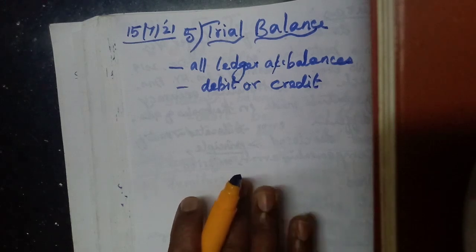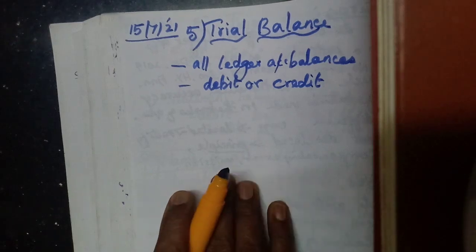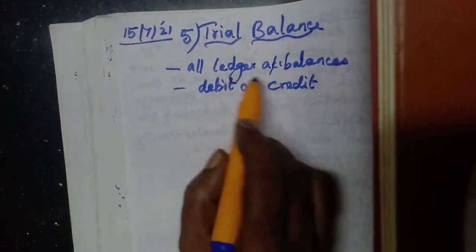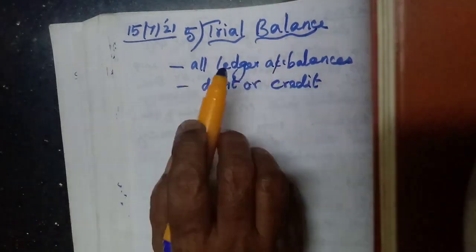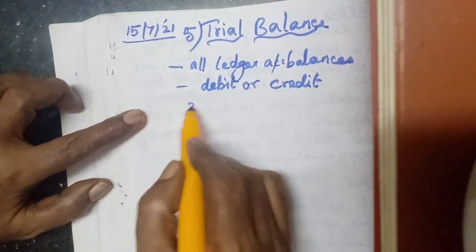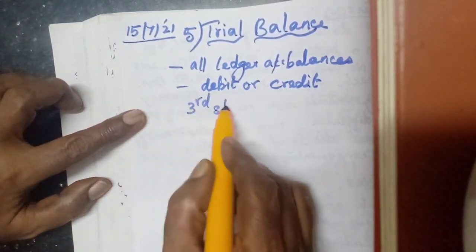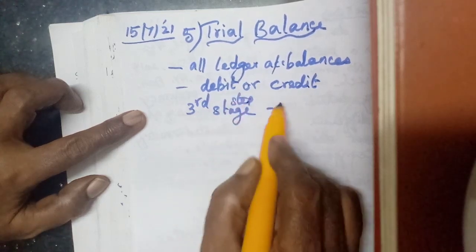Here the meaning is, it is a statement that shows the debit and credit balances of all the ledger accounts. We can say this is the third step in the process of accounting.